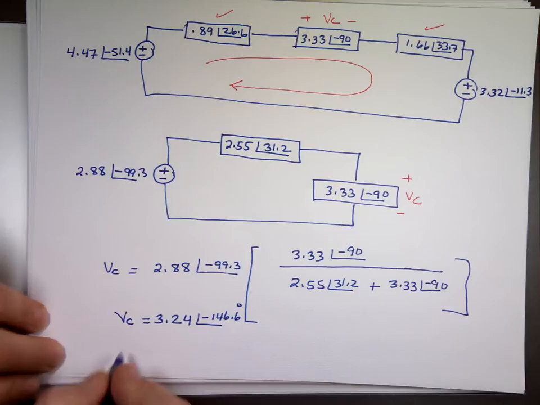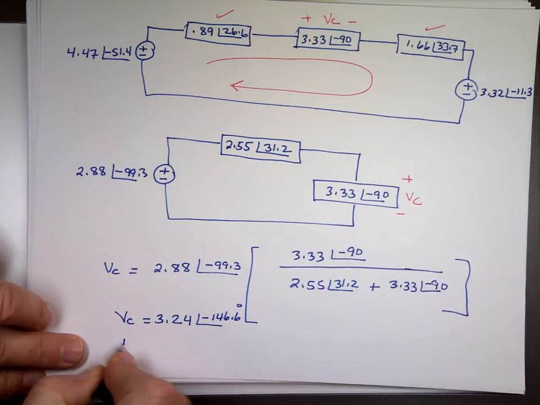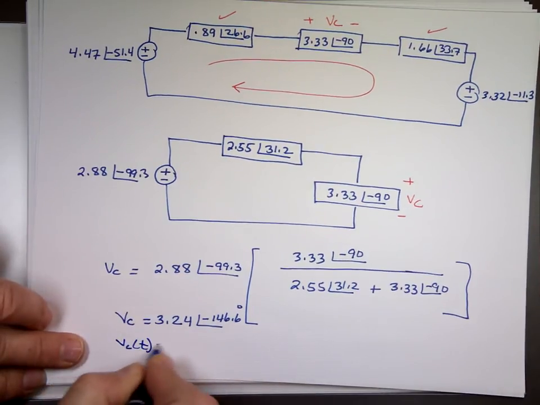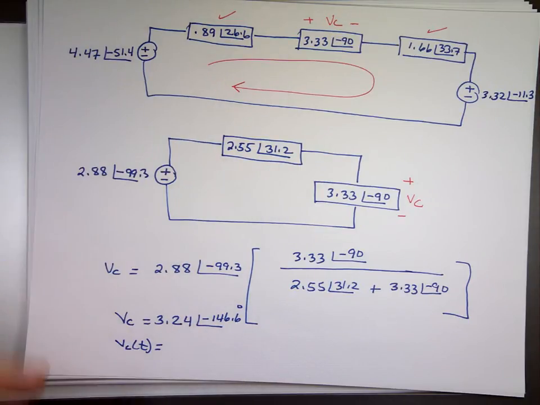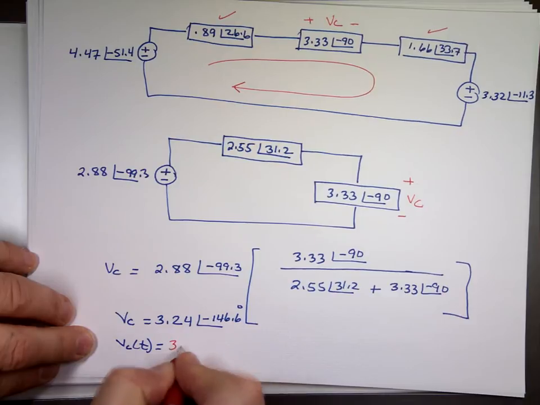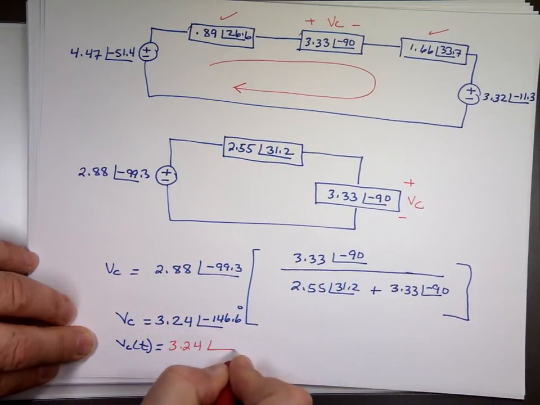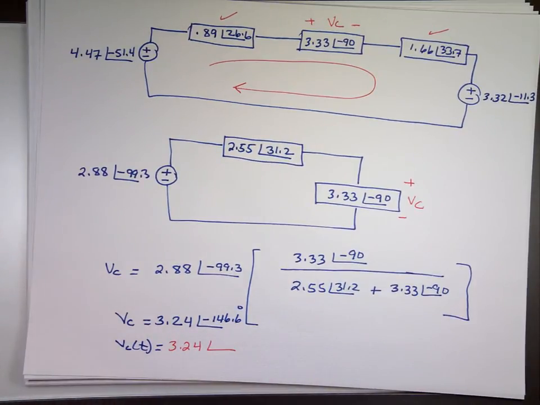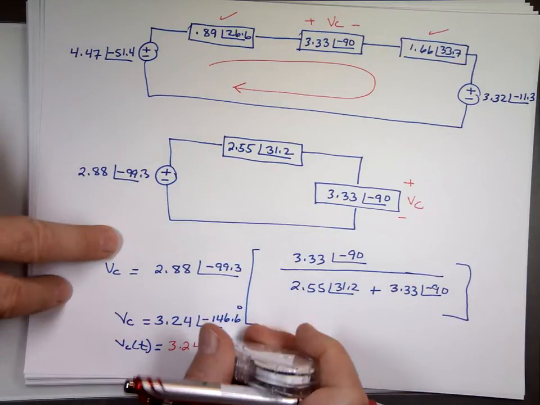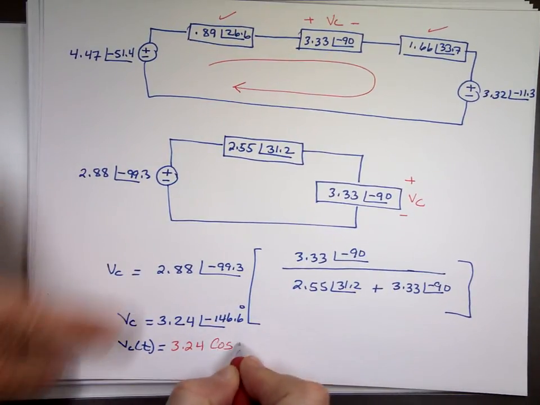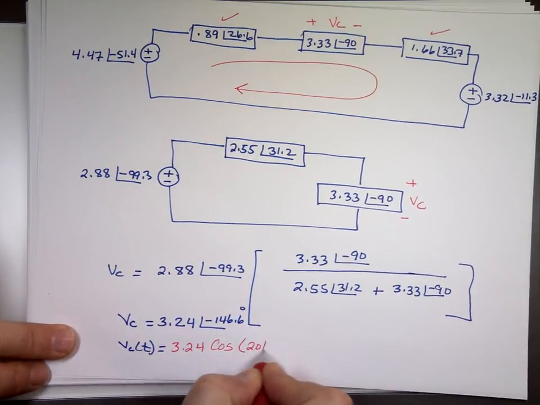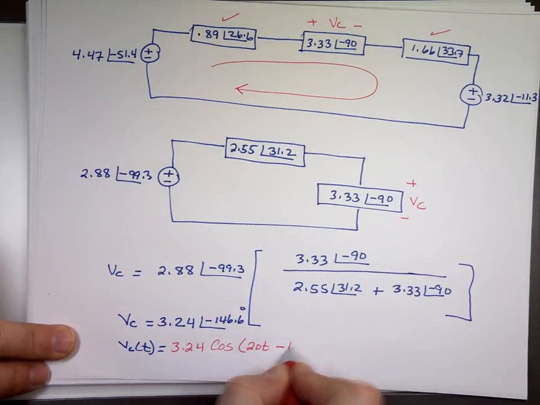So it's VC as a function of time. It's going to be 3.24 cosine of WT, where W is 20t, minus 146.6 degrees.